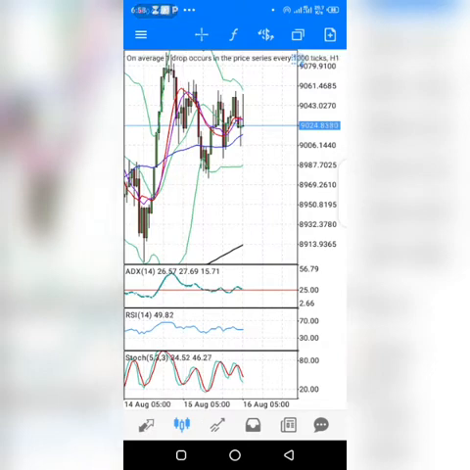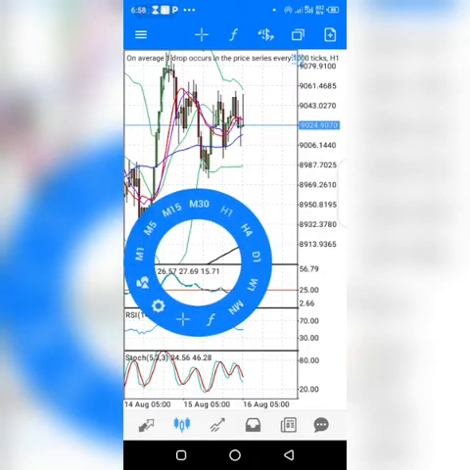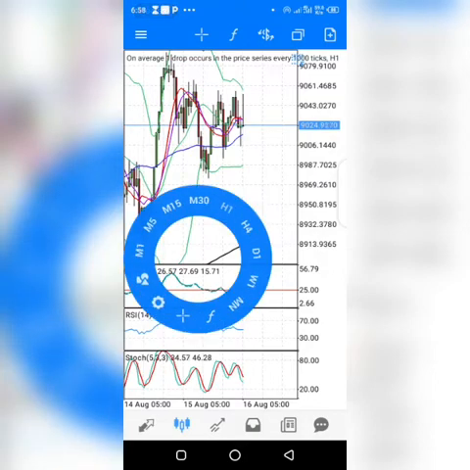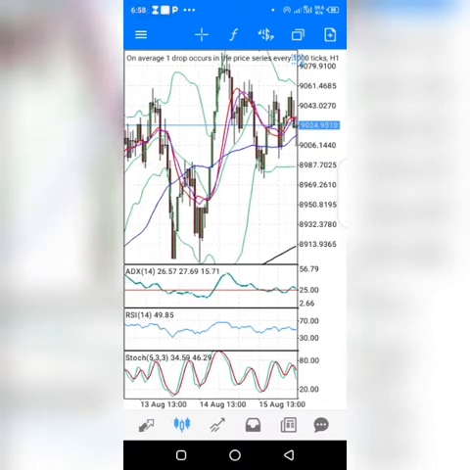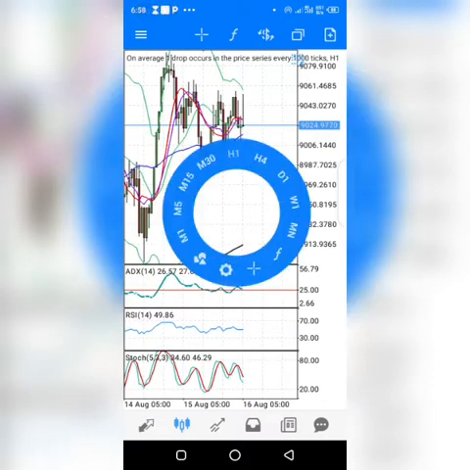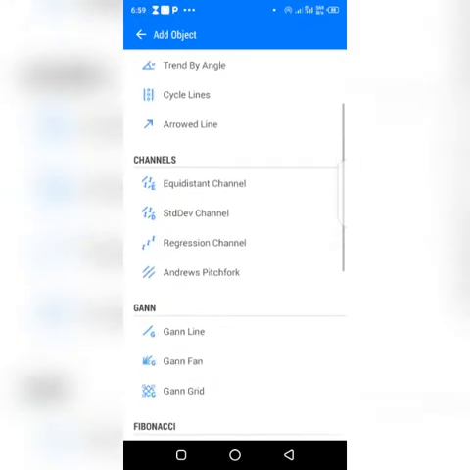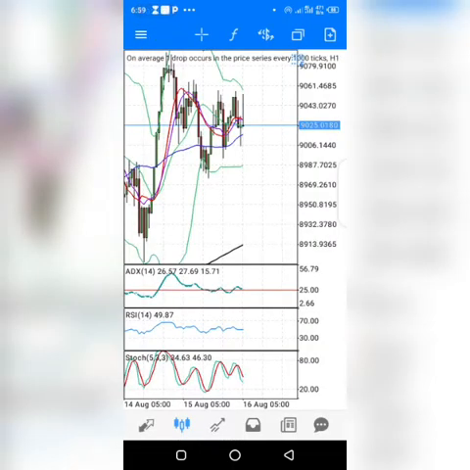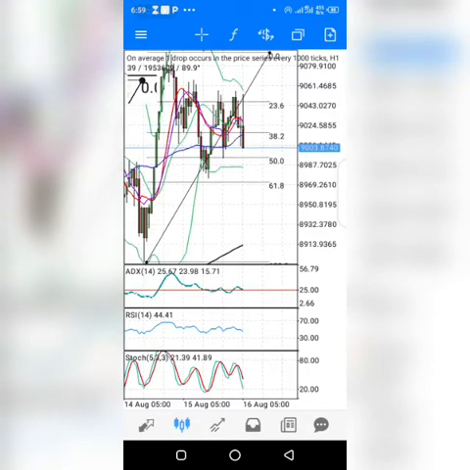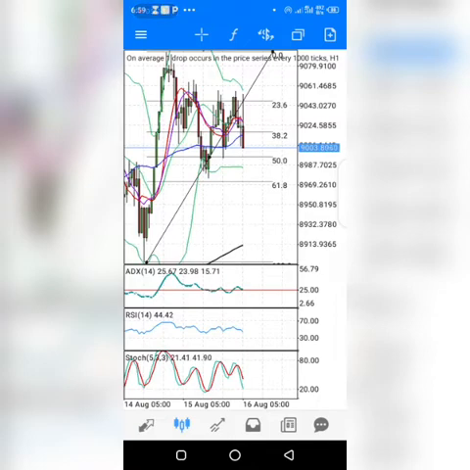Now, how do we draw it? You first of all put it at the point at your swing low. Good.